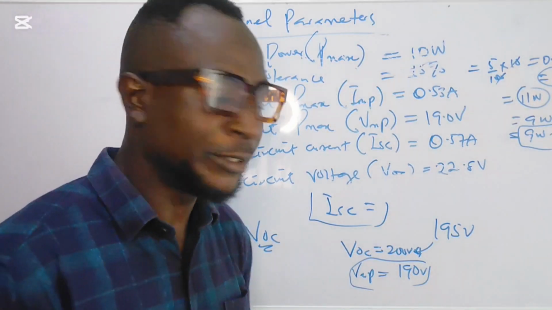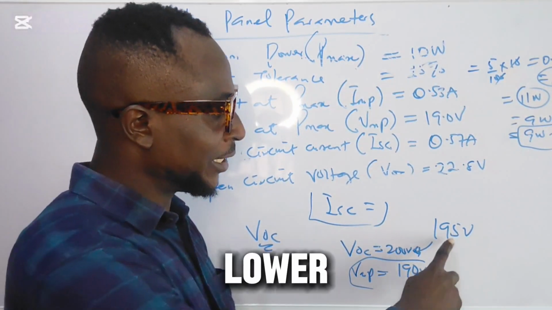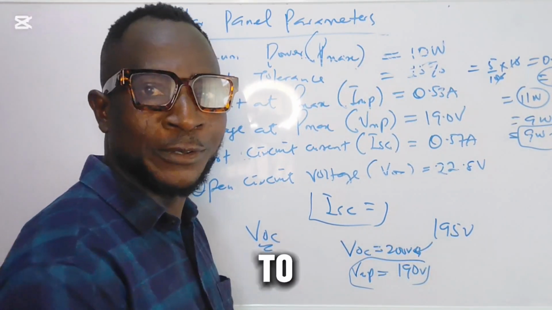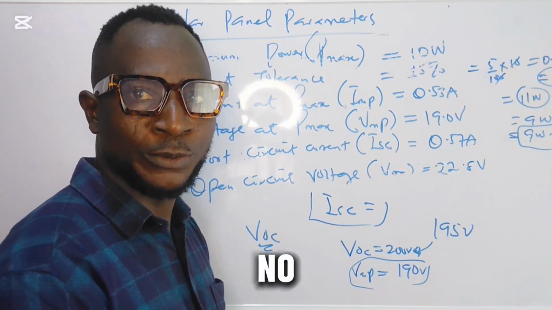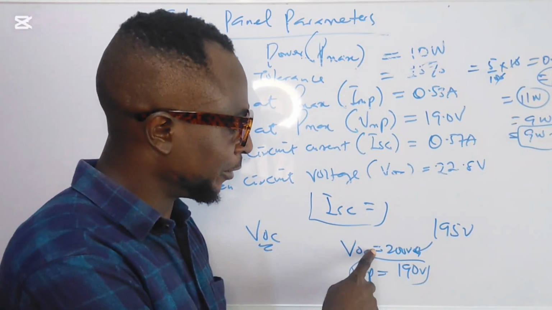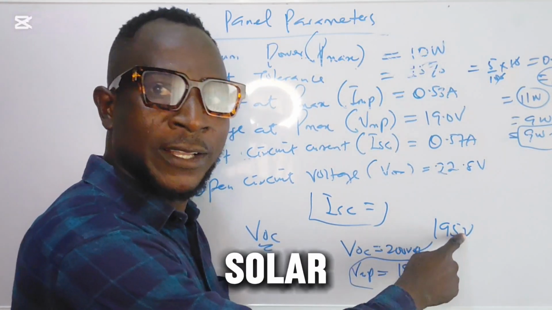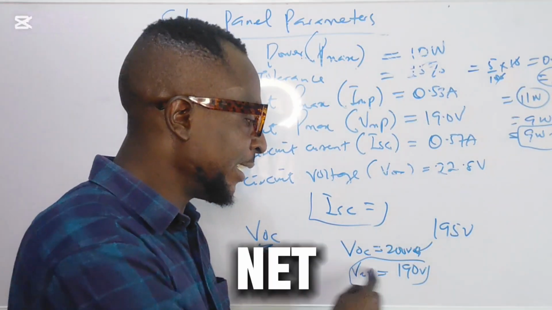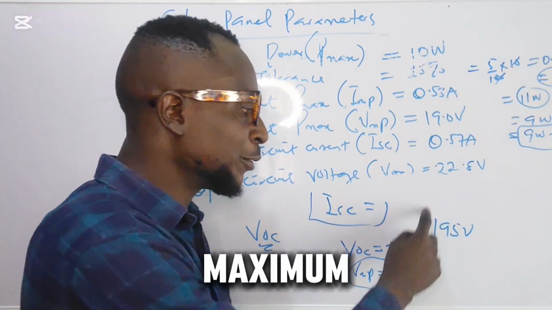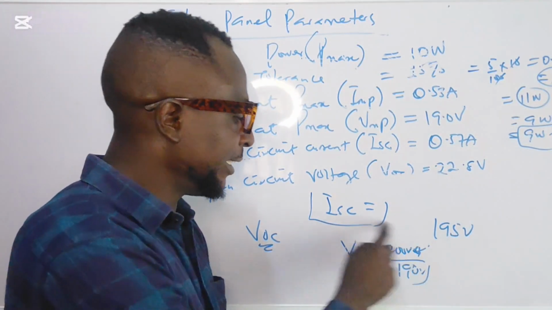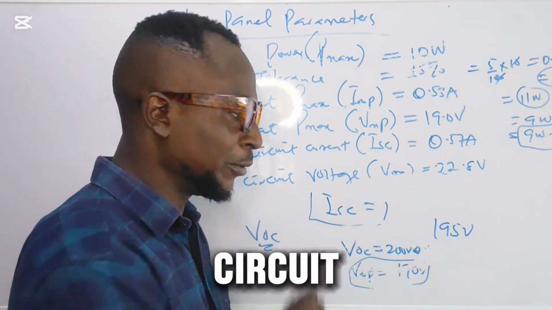And you are thinking because this is lower than this, you are good to go. No, you must always ensure the maximum solar voltage of your charge controller is higher than the net open circuit voltage.